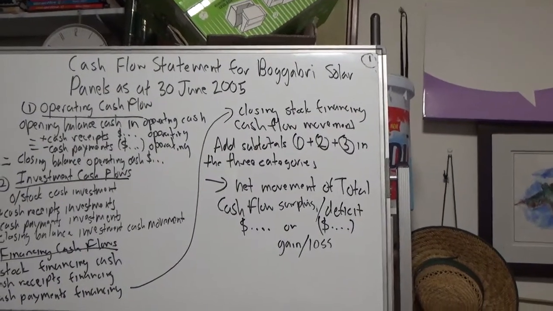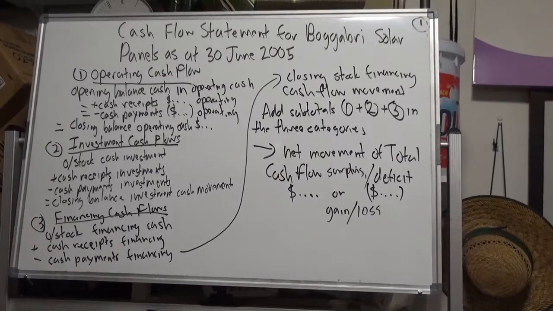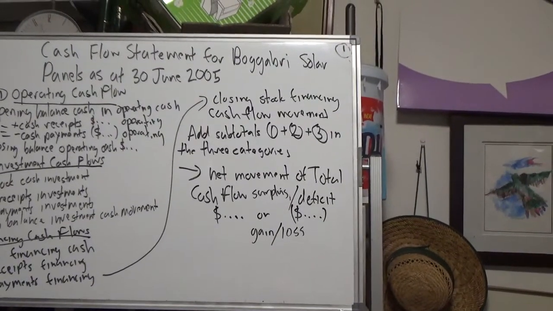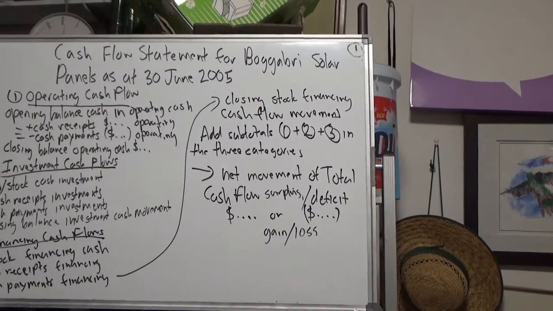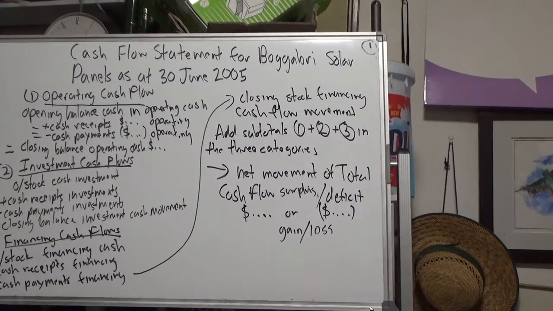Okay, so now we've got three subtotals for those closing balances for those three categories. We add up categories 1, 2 and 3 to get the total net movement of cash flow, which is either a surplus or a deficit.